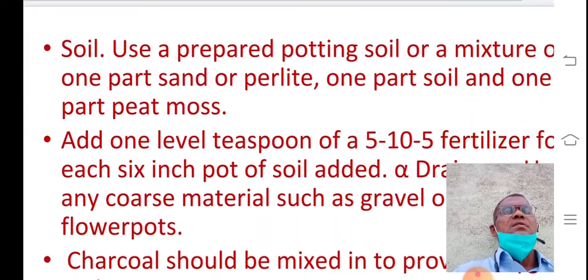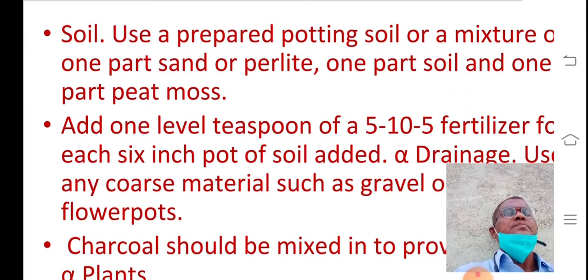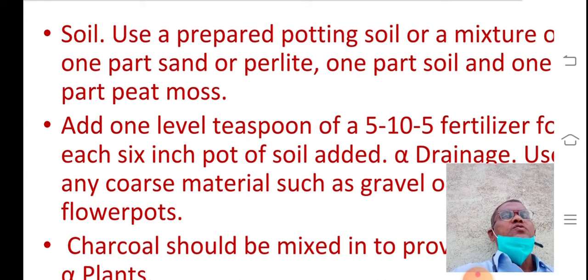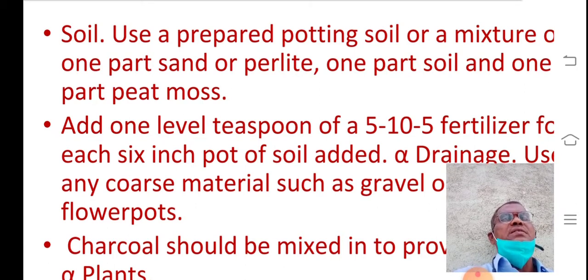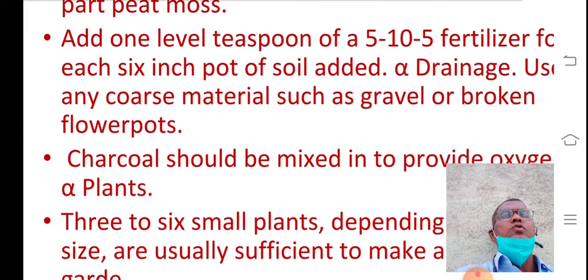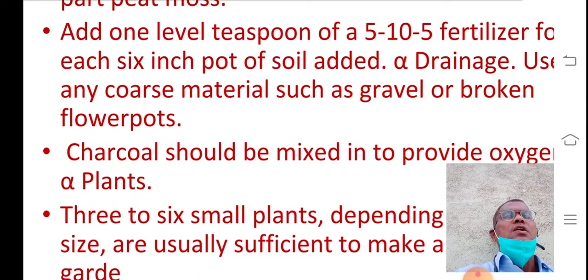Then here are some precautions. The soil should be a mixture of FYM, farmyard manure, then sand and soil, or perlite. Nowadays peat moss or cocoa peat moss is also used.